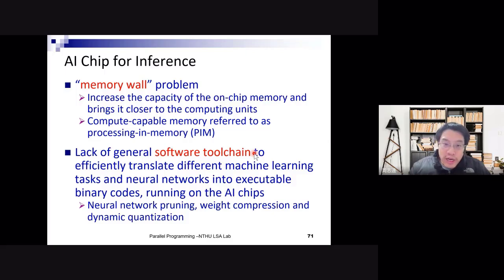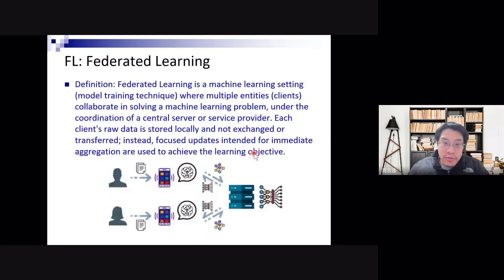So you might require different software stack on top of it for developing, debugging, profiling, etc. So without the proper software environment and software tool chain, it's very difficult and time consuming to develop a solution and deploy a solution to those AI chip. Okay, so those are the big problem we are facing today.